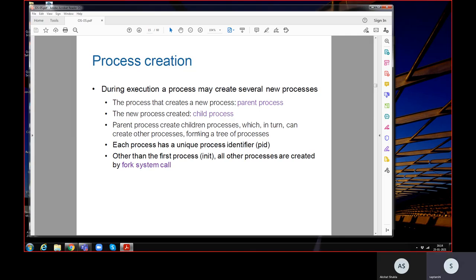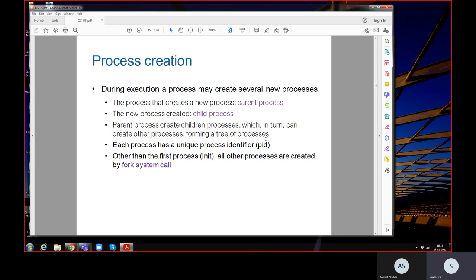Right? So in all, you might think of a tree of processes. Let's say process 1 creates 2 children, process 2 and process 3. And process 2 creates 3 more children, 4, 5, 6. Process 3 creates 2 more children, 7, 8, and so on. So there can be a tree of processes, if you can conceptualize an n-ary tree kind of thing.